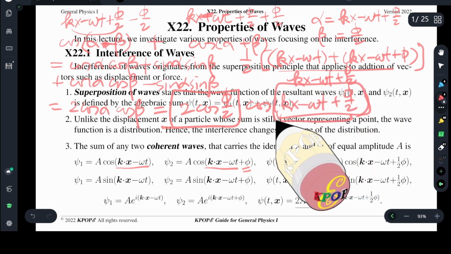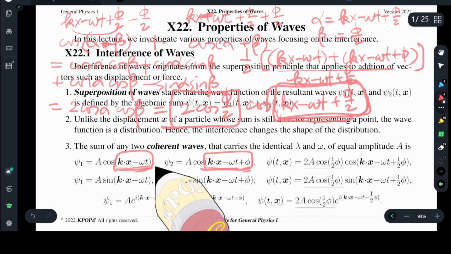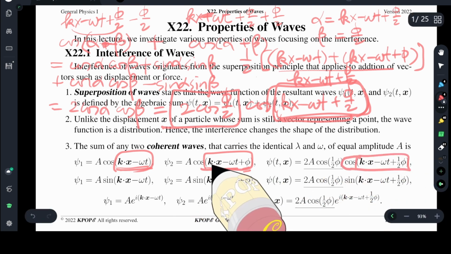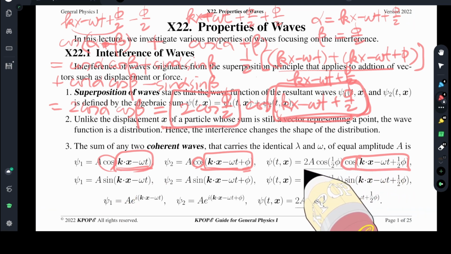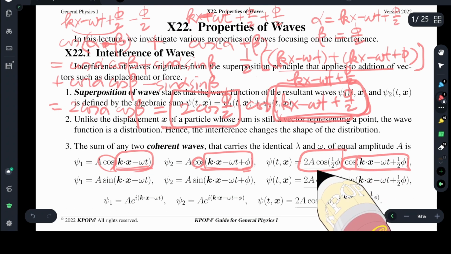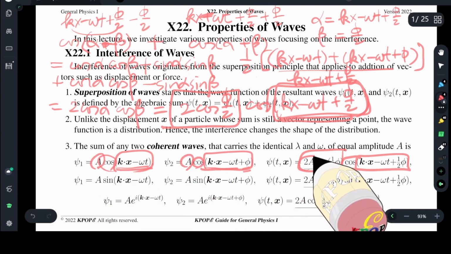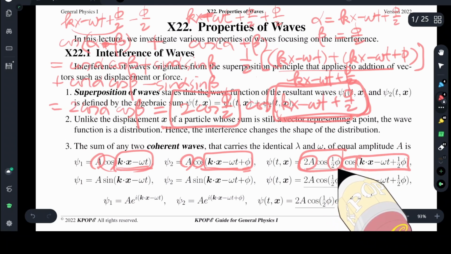This is the average of the arguments, and it appears in the same form, cosine. It used to be cosine, and the resultant wave is cosine, except that the amplitude is modified from the identical amplitude A to 2 times A times cosine of half of phi.